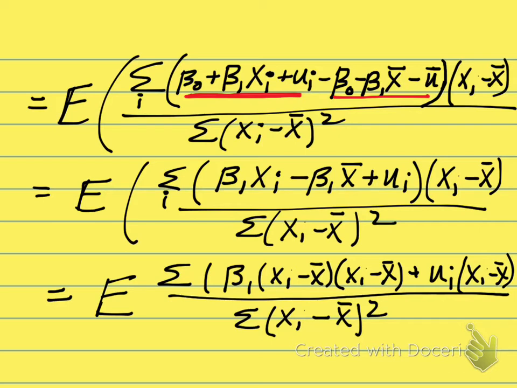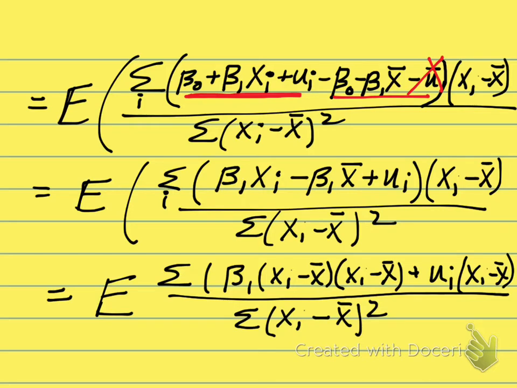So the mean of beta 0 is just beta 0, beta 1 times xi becomes beta 1 x bar, and the mean of u is u bar. And remember, the mean of u by definition is equal to 0, so that's going to drop out.